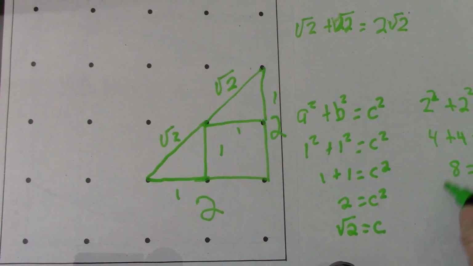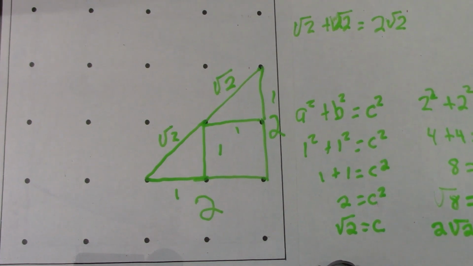And I see that the square root of 8 is d, and that we can simplify as 2 square root of 2 is d.